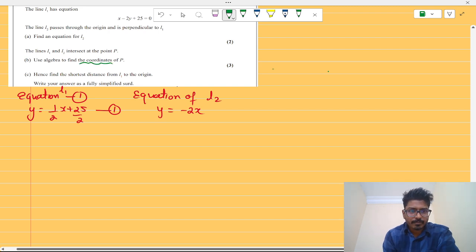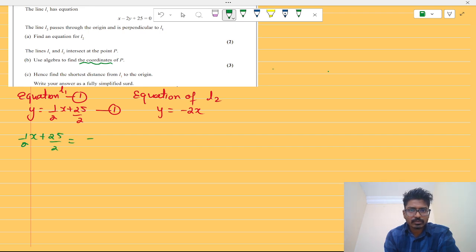Now if we compare, half of x plus 25 upon 2 is equal to negative 2x, right? If you cross multiply, this will be x plus 25 equivalent to negative 2x.